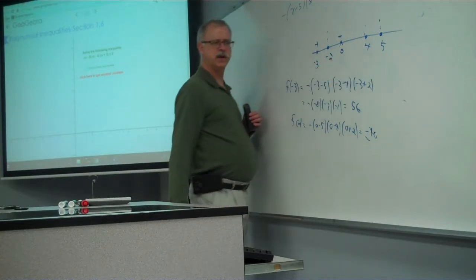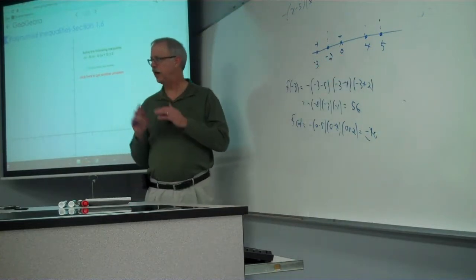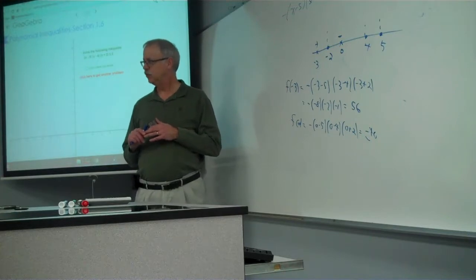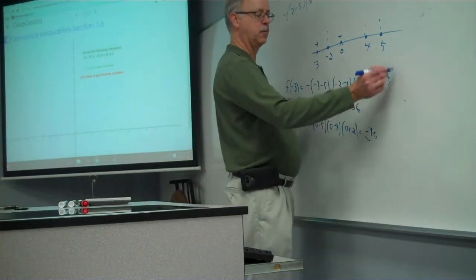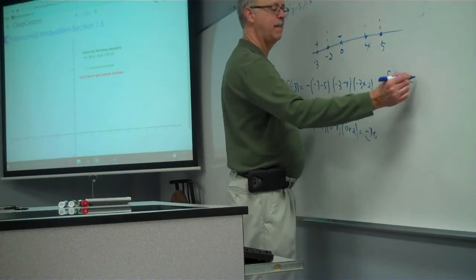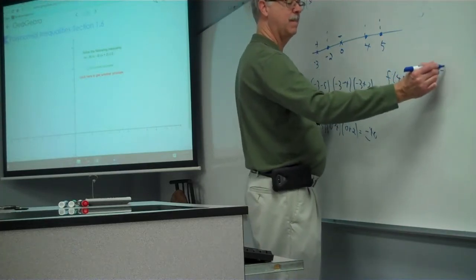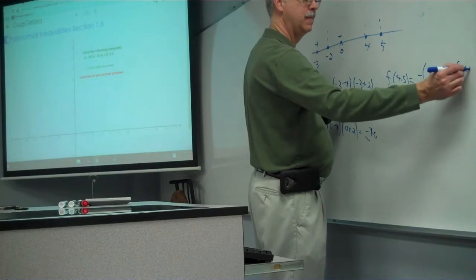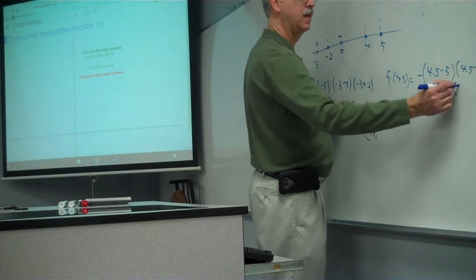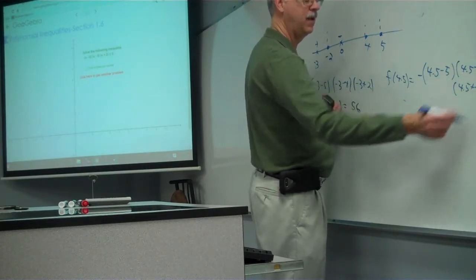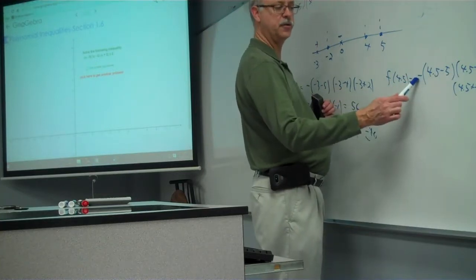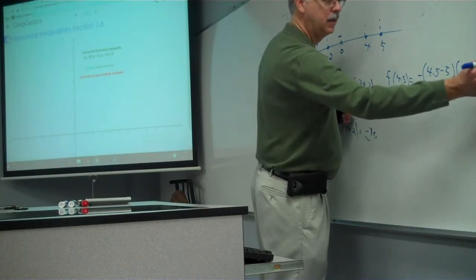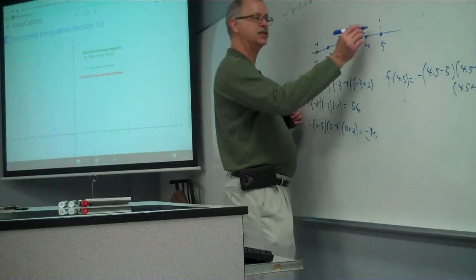This one's a little harder because we've got to think carefully what's between 4 and 5. No nice numbers between 4 and 5, but we could go, say, with 4.5. We can have a negative, a positive, a positive, and another negative. That whole expression is going to be positive.